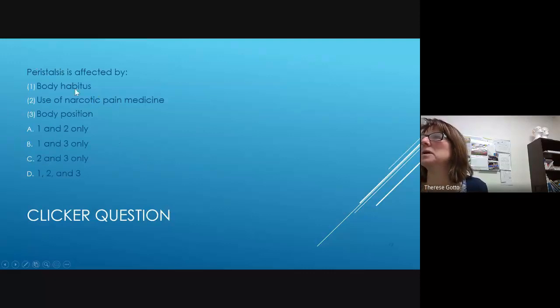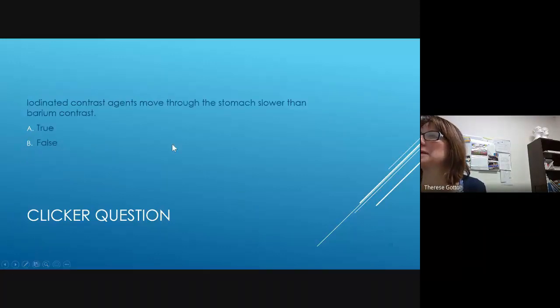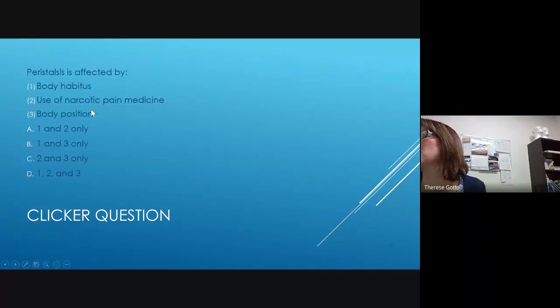Okay, peristalsis is affected by body habitus, use of narcotic pain meds, and body position, which is true. Anybody? They're all true, okay?